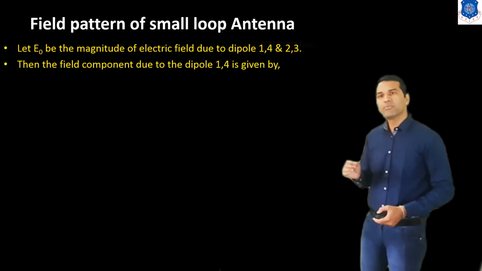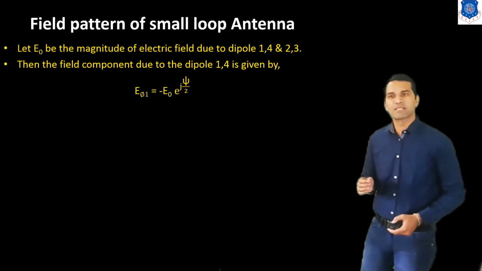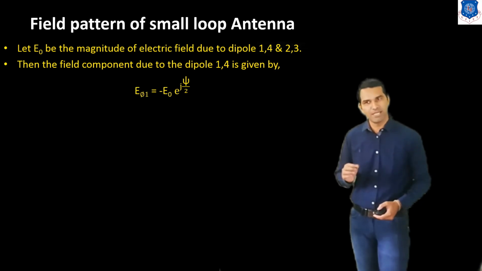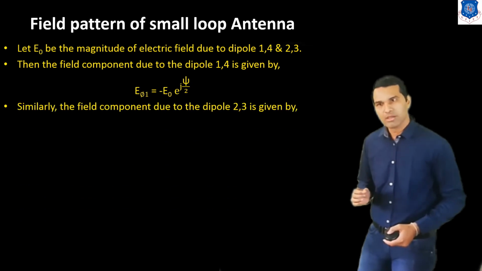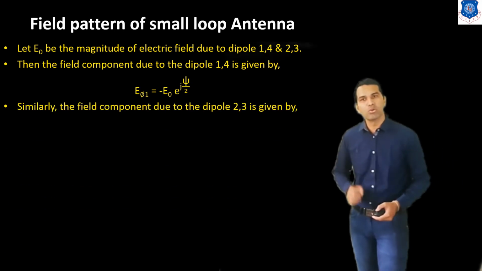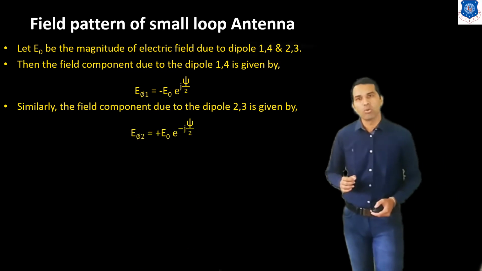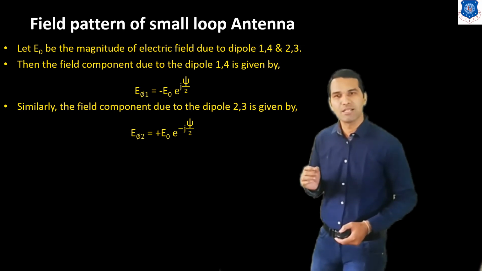Then the field component due to dipole 1, 4 is given as E phi 1 equals minus E0 e raised to j psi by 2. Similarly, the field component due to dipole 2, 3 is given by E phi 2 equals plus E0 e raised to minus j psi by 2.